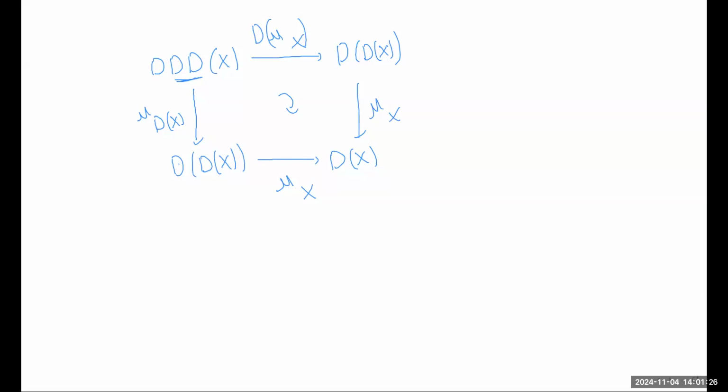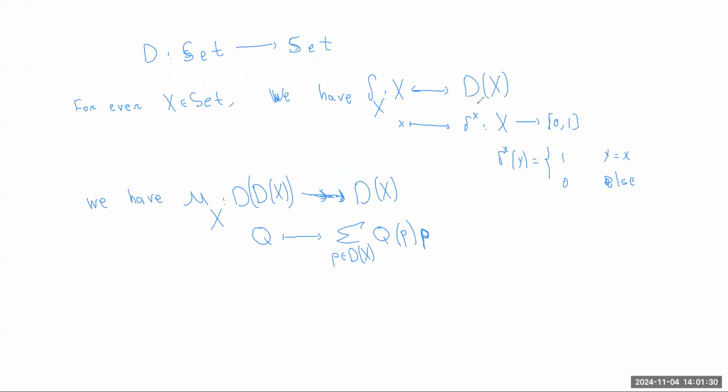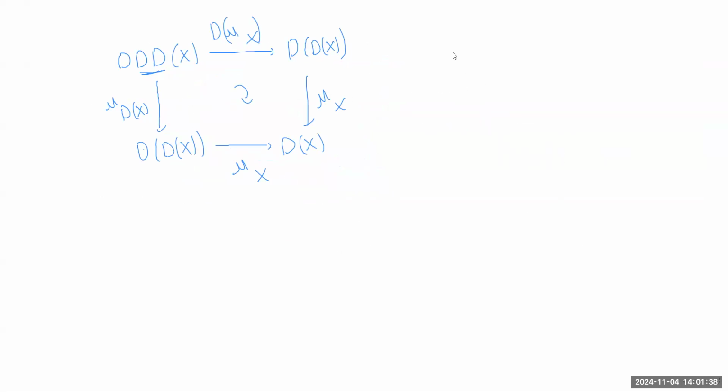This means, okay. And this unit plays the role of the unit in the product, because what does that mean? That means that if we have something like D of DX, and we apply this on DX, and then we do the product, this will be the identity.